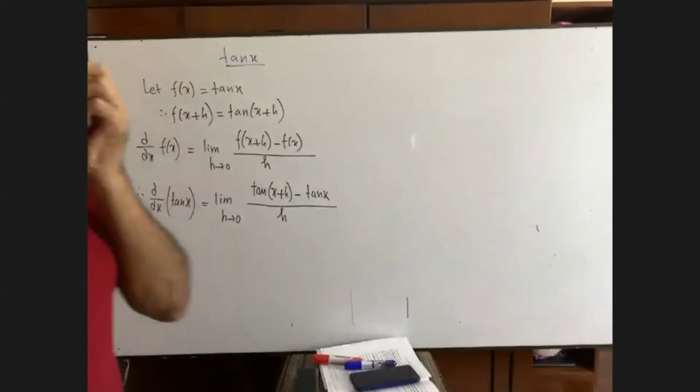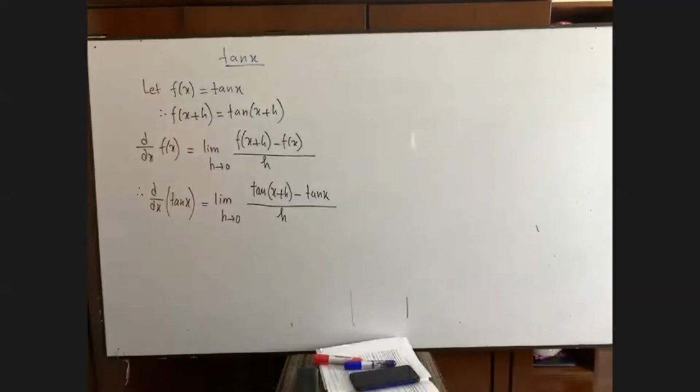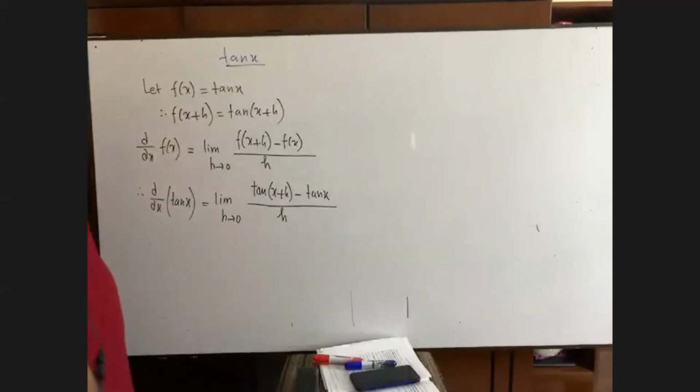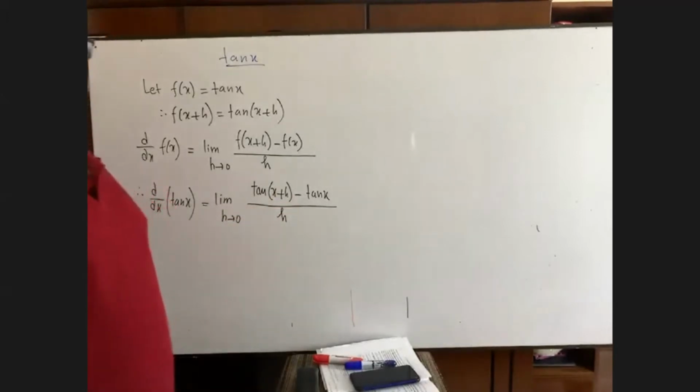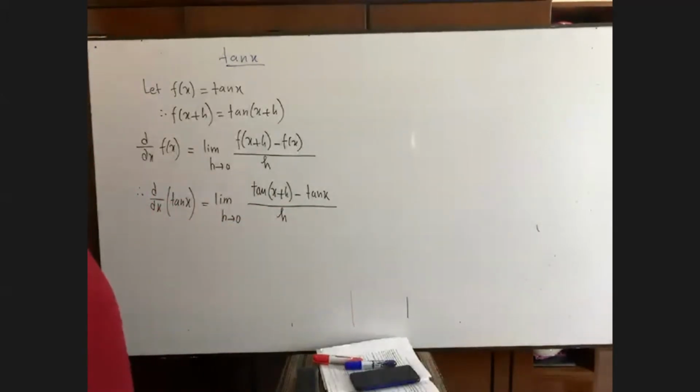Are you getting it or not? But we don't have any formula of tan c minus tan d or tan d minus tan c. We don't have any formula. Then what should we do?